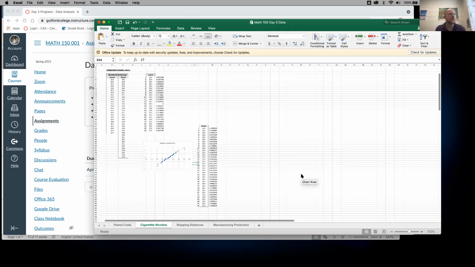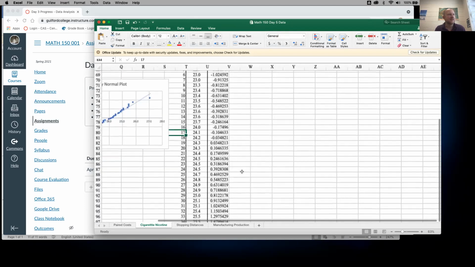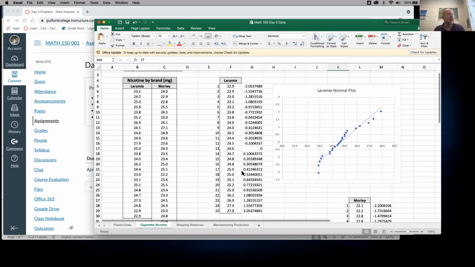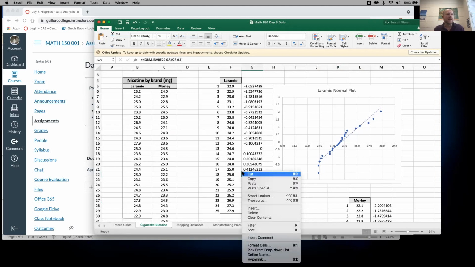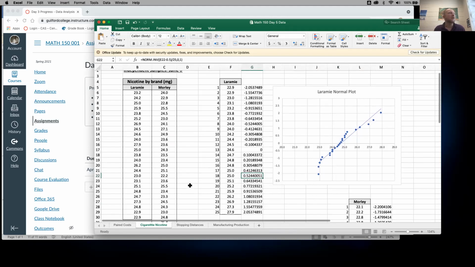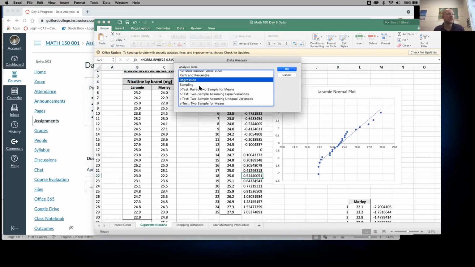All right, so pulling out here a little bit. All right, so now we're going to go back and we're going to do the actual data analysis because we have things that we feel like are more or less normally distributed. And so I'm going to, for that, tell it tools, go down to data analysis, and we look here at our t-test stuff.